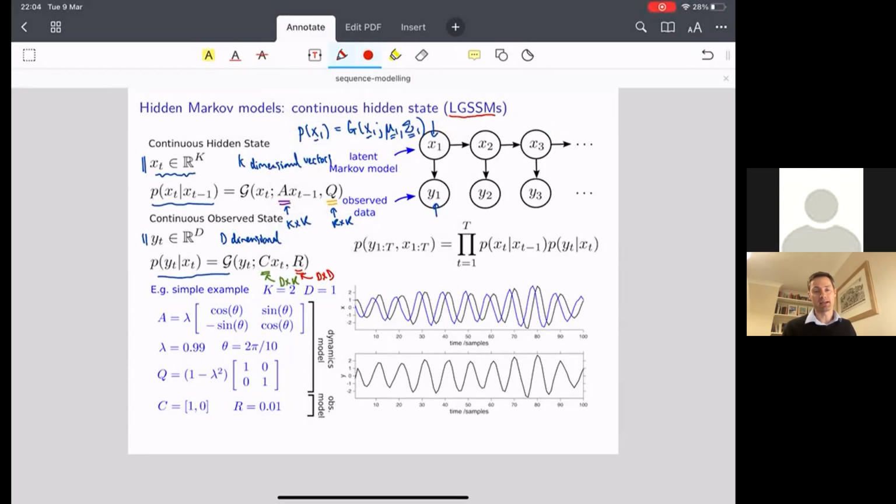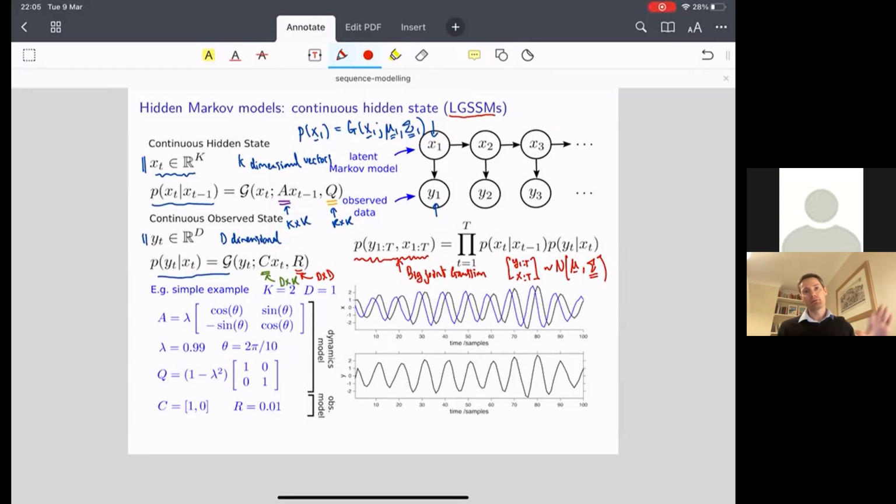Everything is linear and Gaussian, and that means the whole joint distribution over all of the variables, the y's and the x's, you can think of as a big joint Gaussian. If I stacked all of the variables y1 to T into a big vector and the variables x1 to T into a big vector, you could view them all as being generated from a Gaussian with a massive mean vector and a massive covariance matrix as well. So everything is jointly Gaussian.